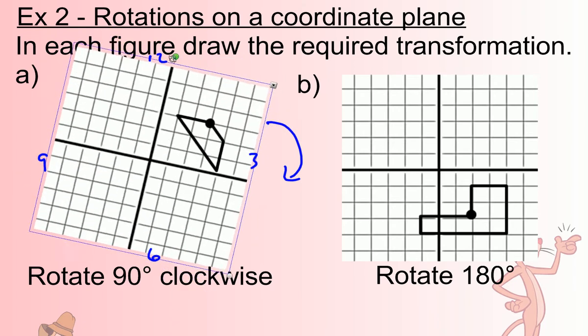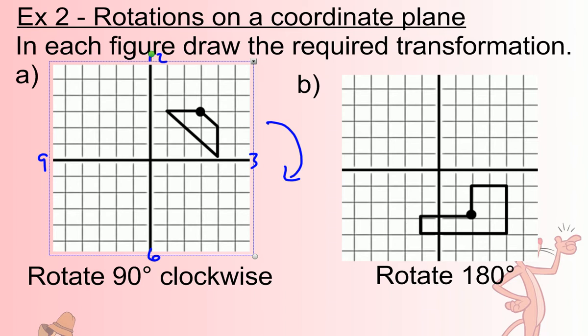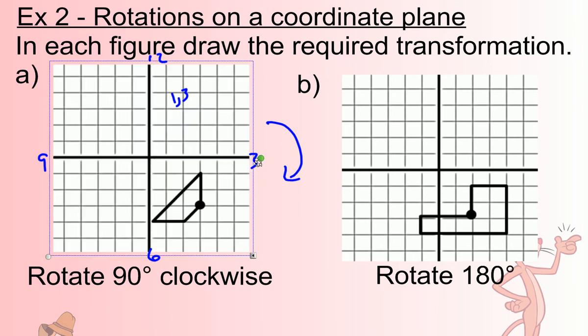So what I need to do is start here. Actually, I think this point is easier to start with. So this is the point 1, 3. When I do a 90-degree rotation, look where that same point ended up.